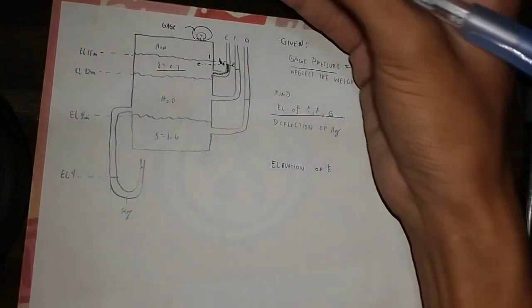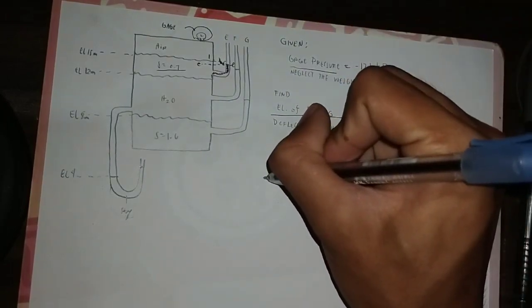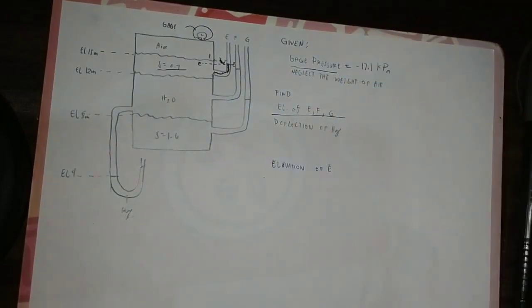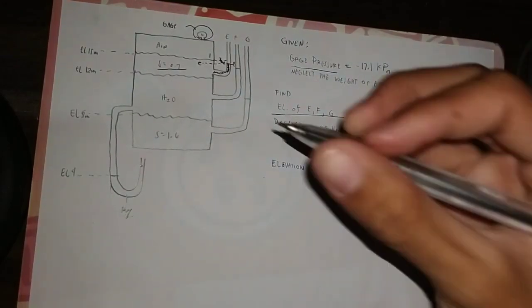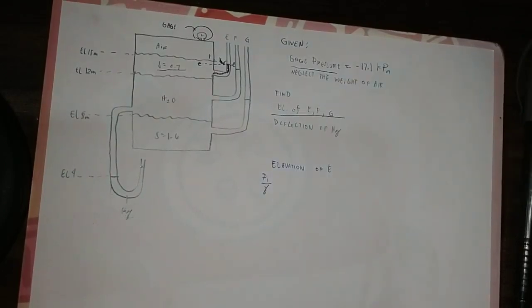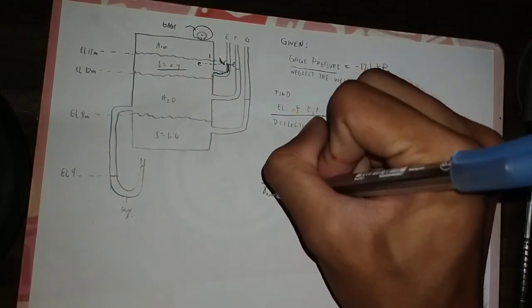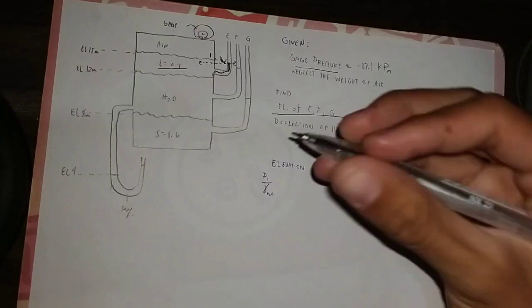Let's start from the gauge pressure. Let me first write down the formula for the summation of pressure heads. We have P1 over the unit weight of water, which is in kilonewton per cubic meter. We're going to use that value.